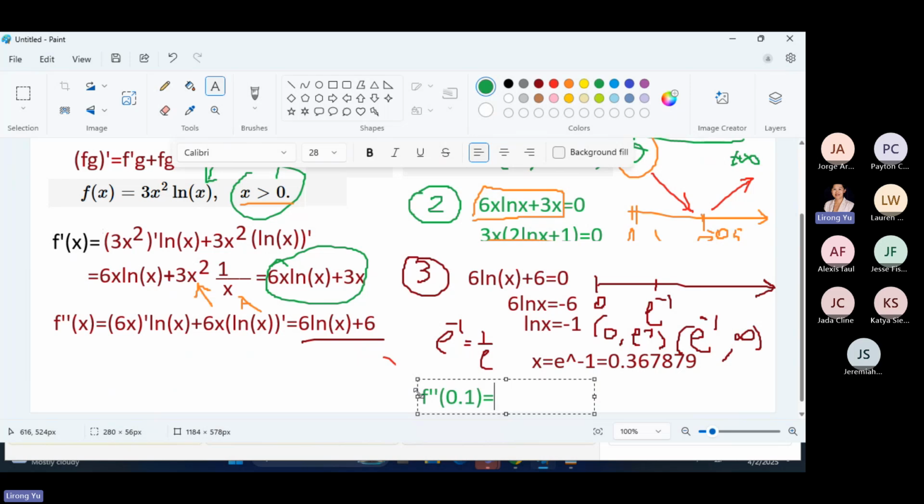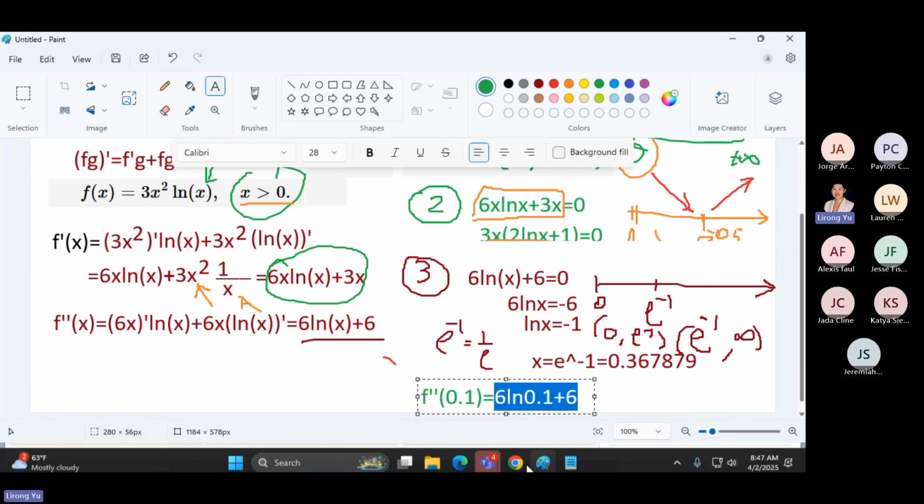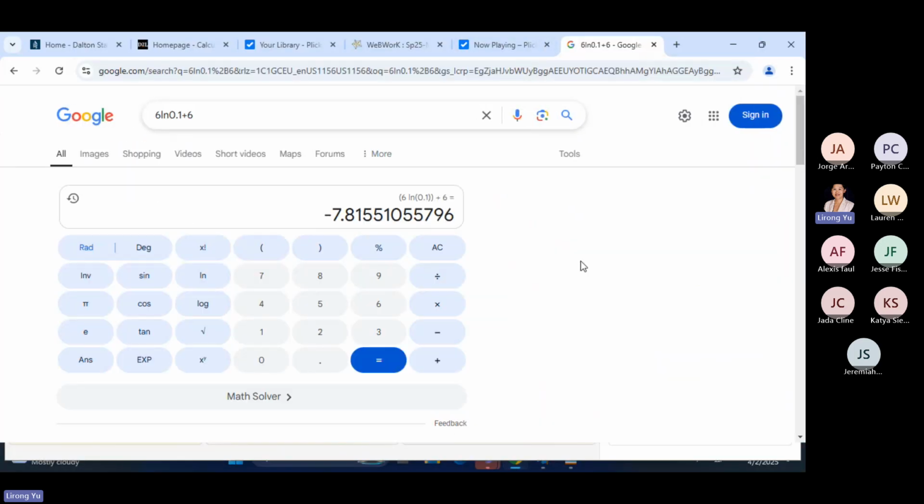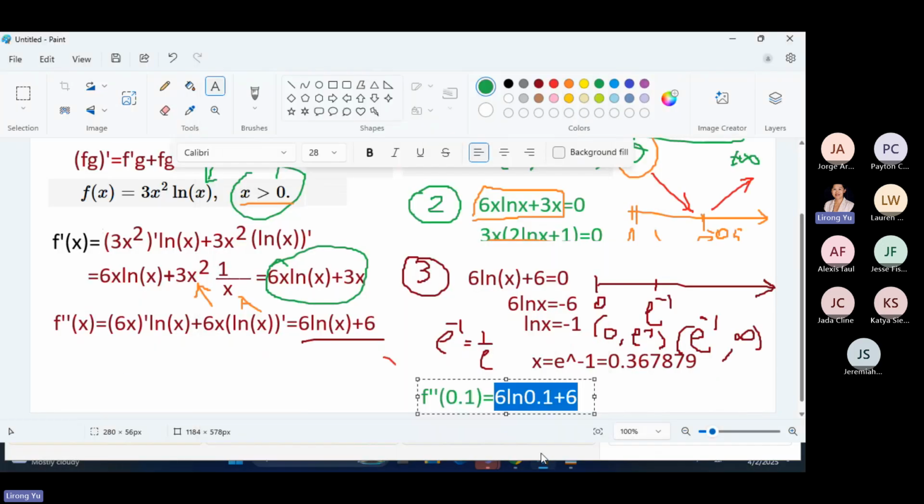I guess I was trying to pick a number that's deviating from all the other numbers. So we would calculate 6 natural log of 0.1 plus 6, and see if it's concave up or concave down. This calculation is roughly negative 7.8.